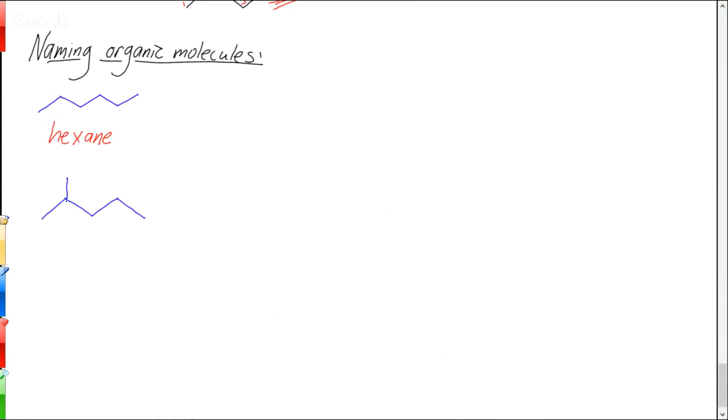So if we have that, we can't call that hexane. It still has 6 carbons. So we're going to name it a little bit differently. The procedure for naming these things is first, we're going to do what we just did here. We're going to find the longest continuous chain.